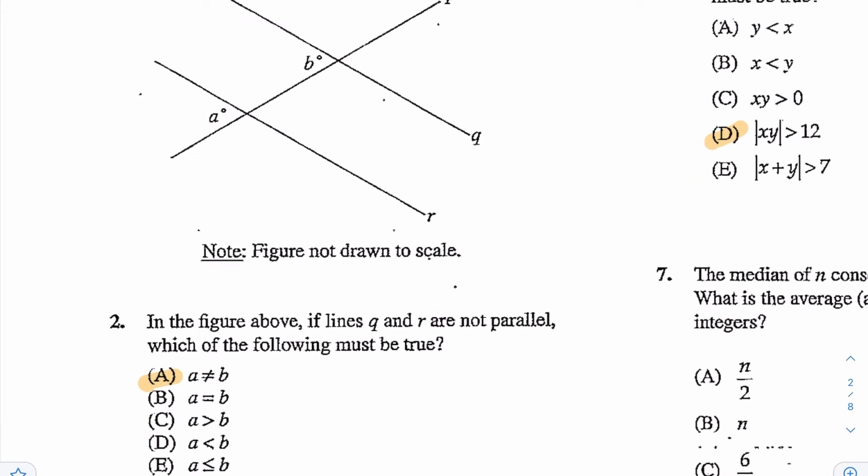All right, so here, notice figure not drawn to scale. In the figure above, if lines Q and R are not parallel, which of the following must be true? So Q and R are not parallel, which means that they'll intersect.